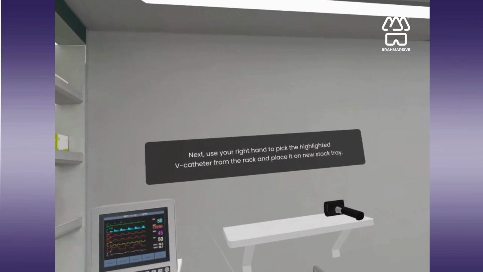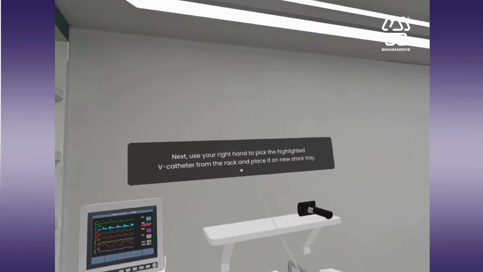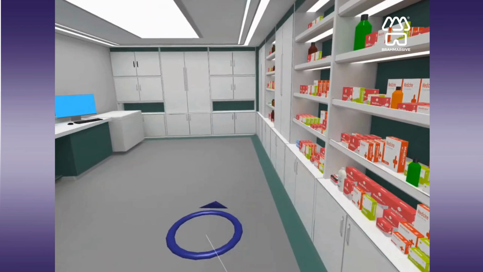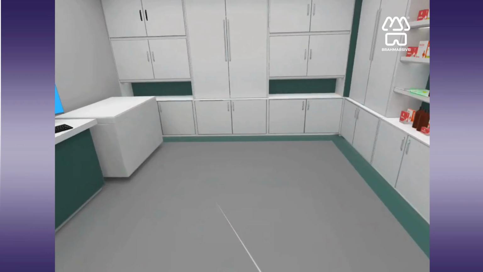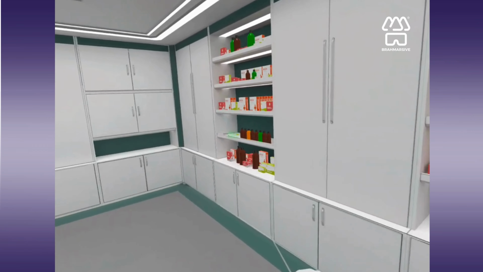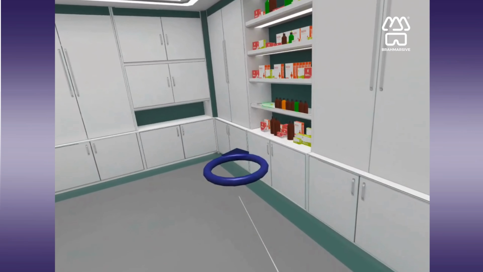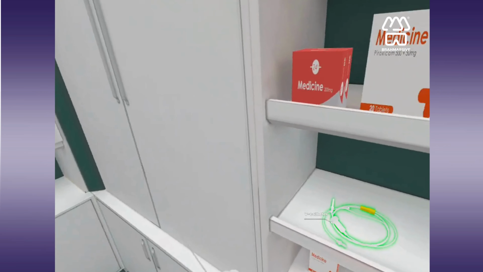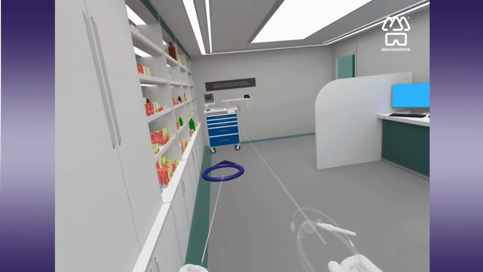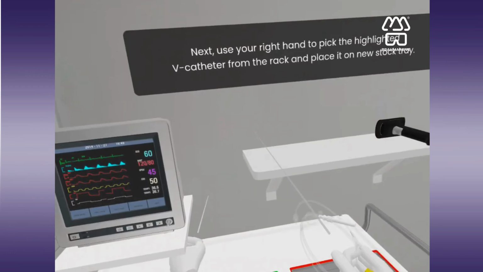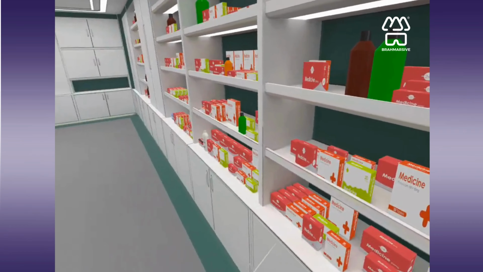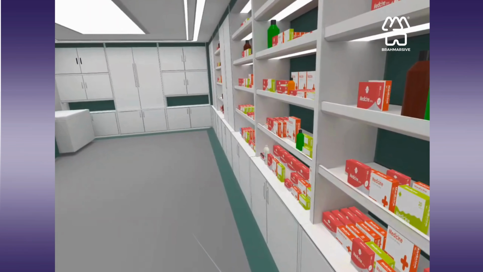Next, use your right hand to pick the highlighted V catheter from the rack and place it on new stock tray. Likewise, repeat the same step for all the expired medicines identified in the crash cart.